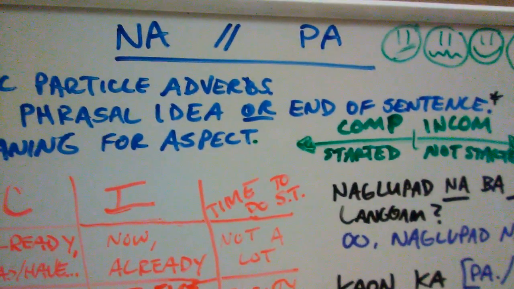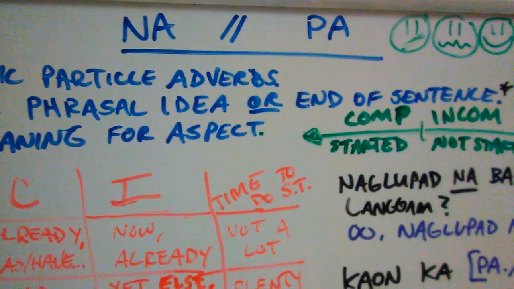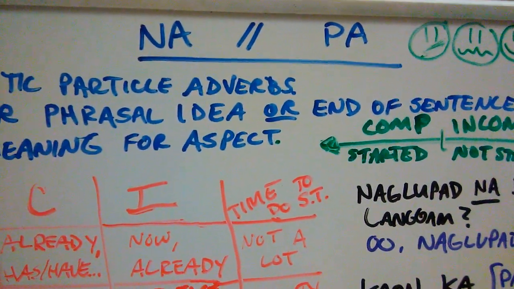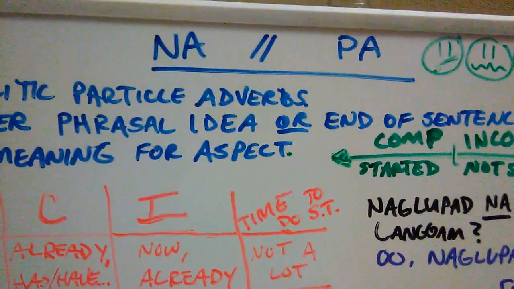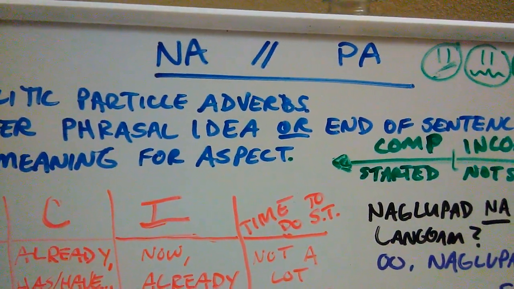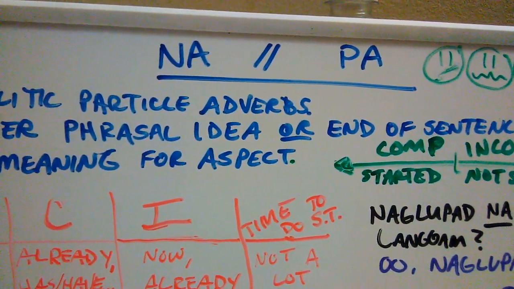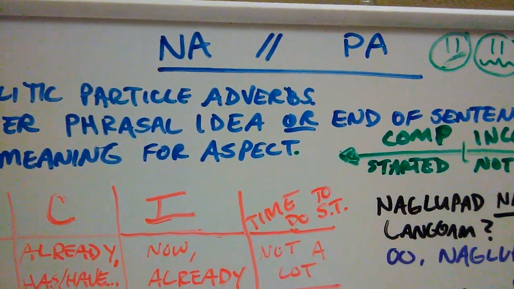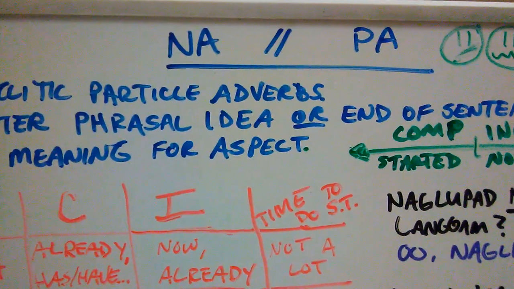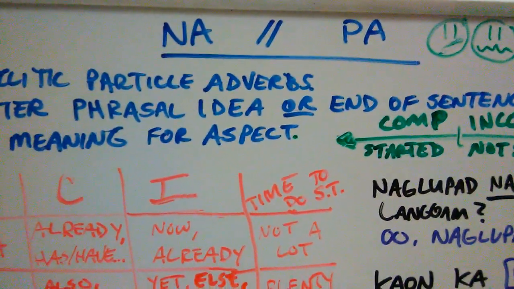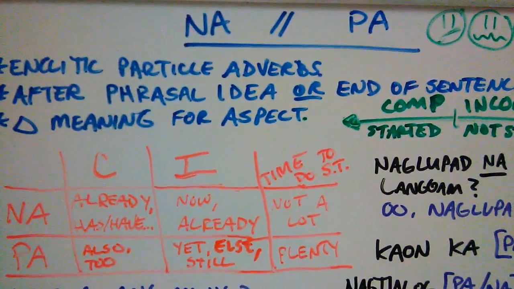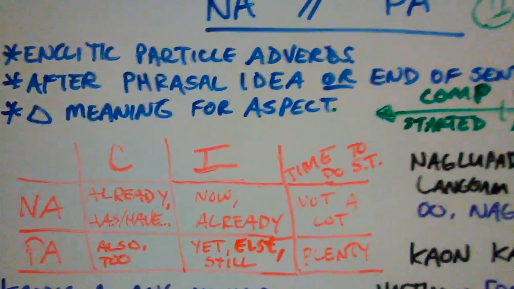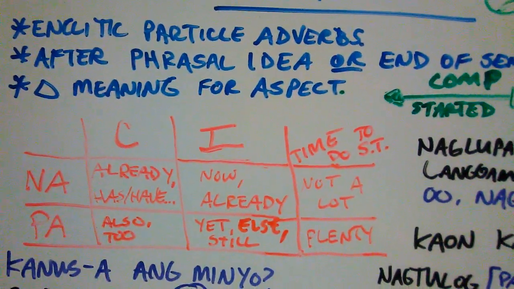I put an asterisk at the end of the sentence because if you put these at the end of sentences, they will not modify, but they will make the sentence more serious or put emphasis on it. And they change the meaning for aspects. Depending on what aspect we have, they change meanings.